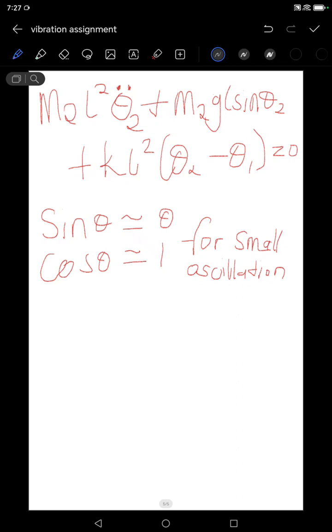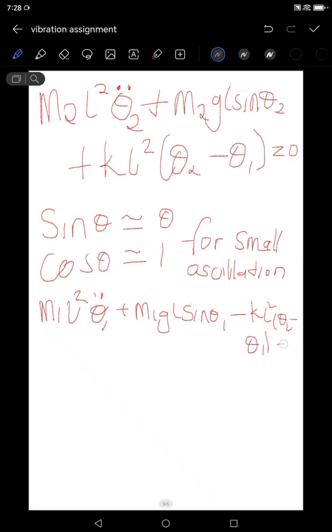Our first equation was m1 l squared theta 1 double dot plus m1 gl sine theta 1 minus kl squared (theta 2 minus theta 1) equals 0.